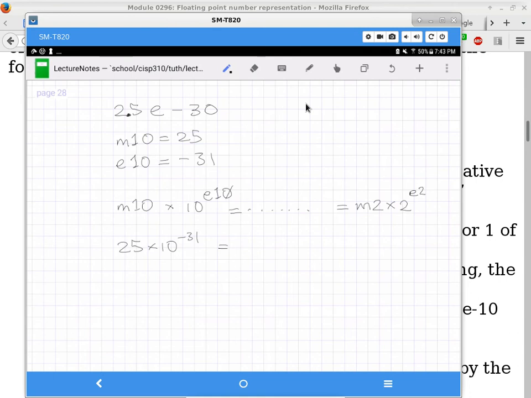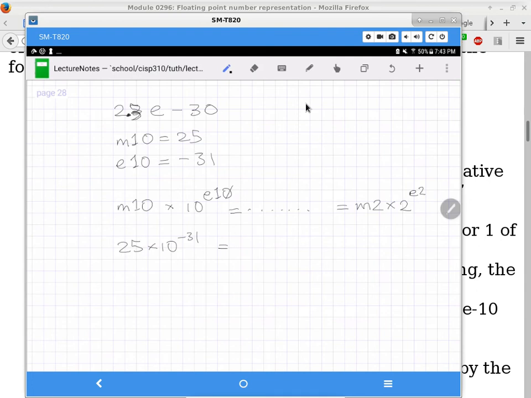But the problem is, if I divide 25 by 10, I lose a lot of precision. What if I divide 50 by 10? If I divide 50 by 10, that turns out to be perfect, right? But that's just because of the number that I chose to use. So let's choose something that is not going to work out nearly as well.